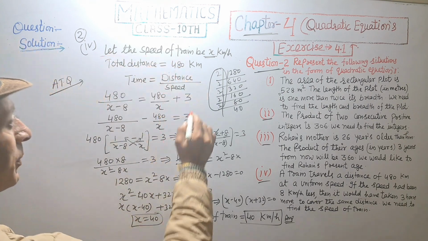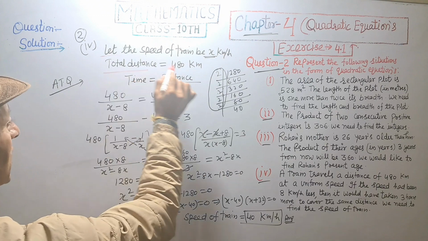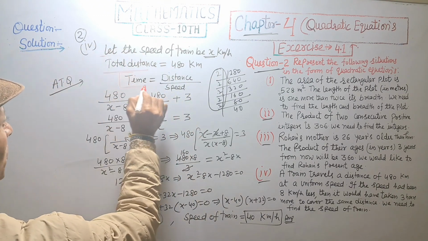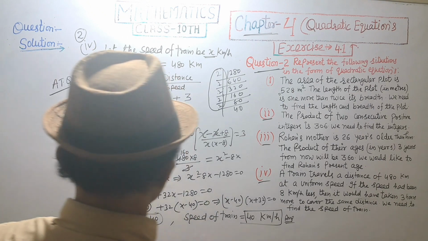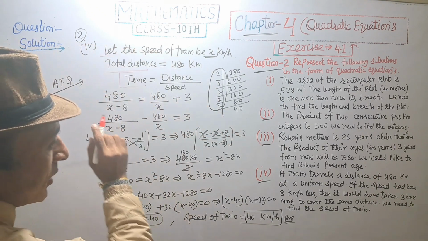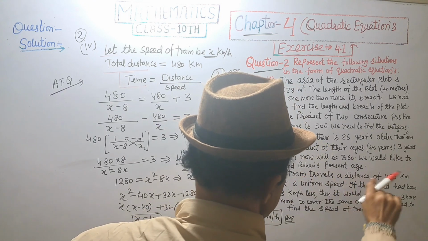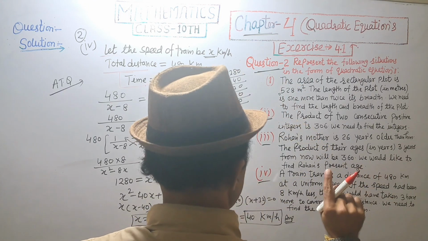Let the speed of the train be x kilometers per hour. Total distance is 480 kilometers, and time is equal to distance upon speed. According to the question, a train travels a distance of 480 km at uniform speed.